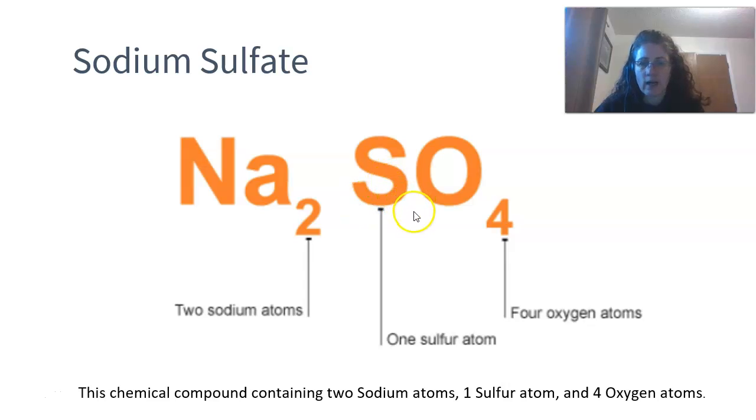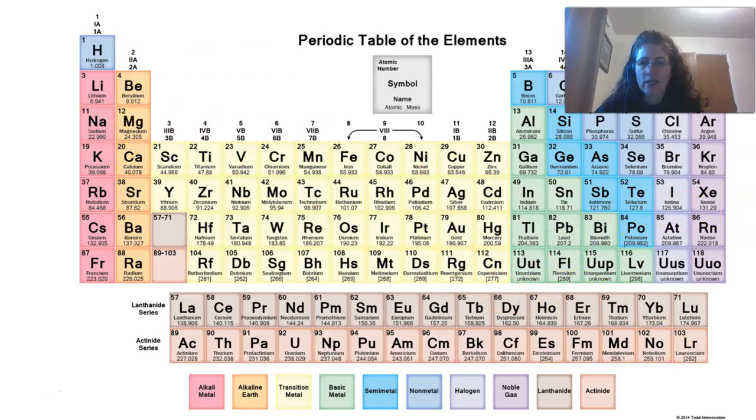And there is no number down here, no subscript. Always assume 1. We don't write out the ones. And then we have oxygen, and we see that there are 4 oxygens. That's capitalized, so that is an element. And if we went back to our periodic table, we could find each one of those: sulfur, sodium, and oxygen.